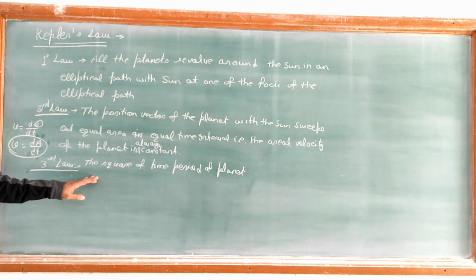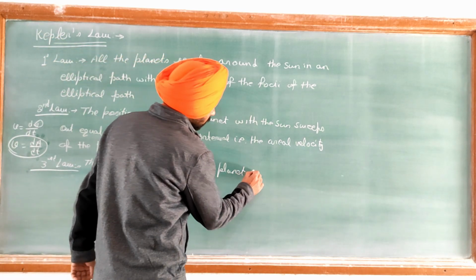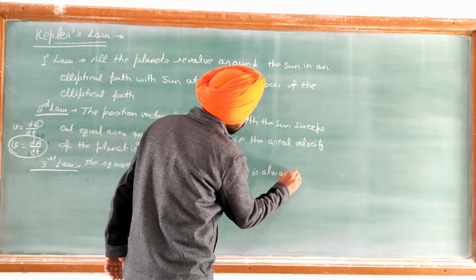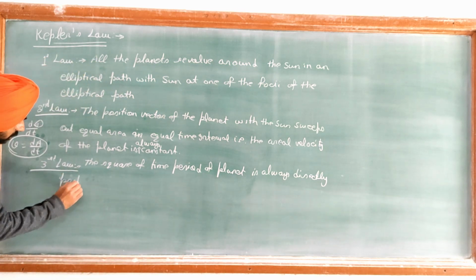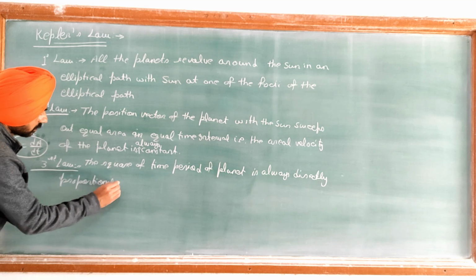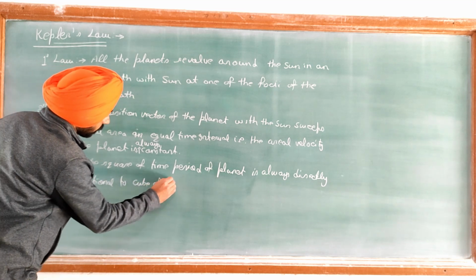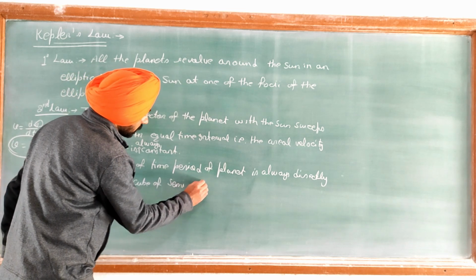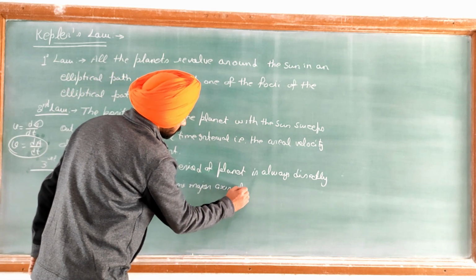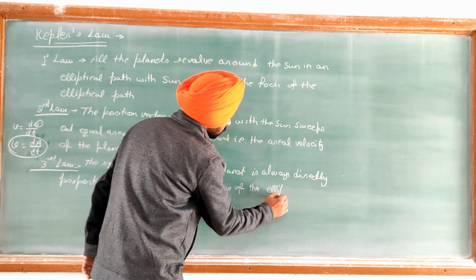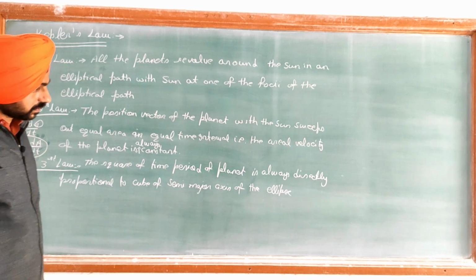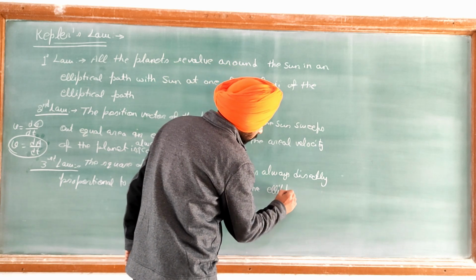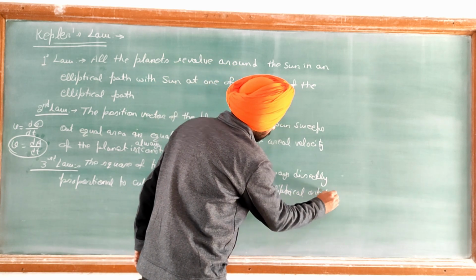That means if T is the time period, then T square is always directly proportional to the cube of the semi-major axis of the elliptical orbit around the sun.